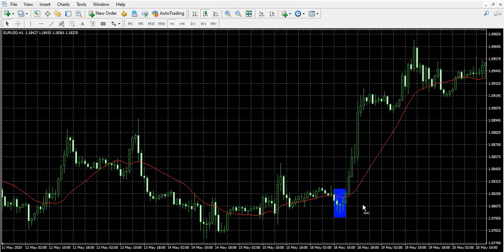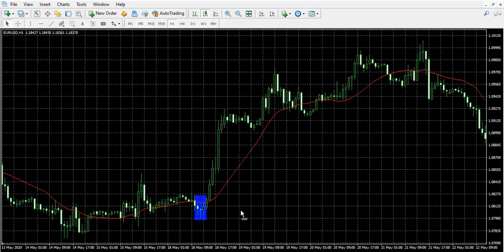Good. As you can see now, guys, this first candlestick is a bearish candlestick. Our little hammer-shaped candlestick is also bearish, and we have our bullish candlestick here. So these three candlesticks make our morning star and show us the possibility of the market moving up.